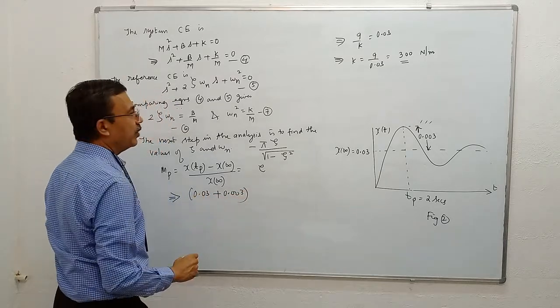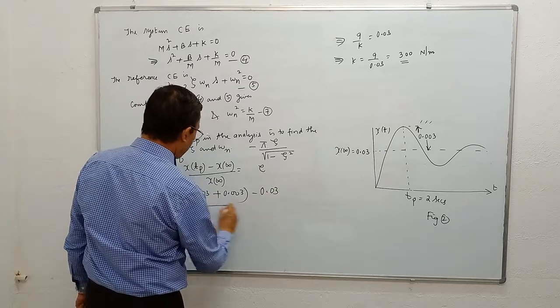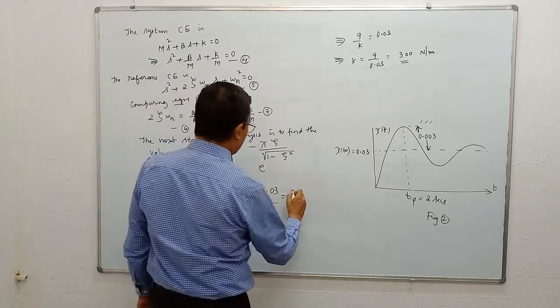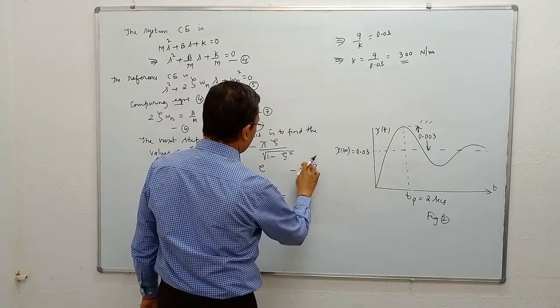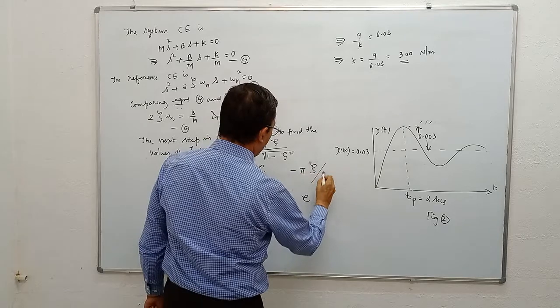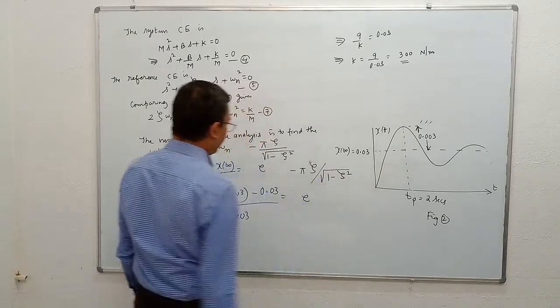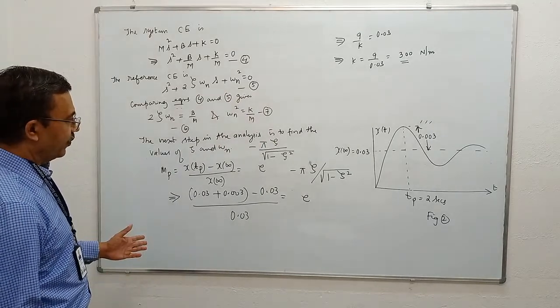So x of Tp minus x of infinity is 0.003, divided by 0.03, is equal to e to the power minus pi into zeta divided by square root of 1 minus zeta square. In this equation, the only unknown is zeta.